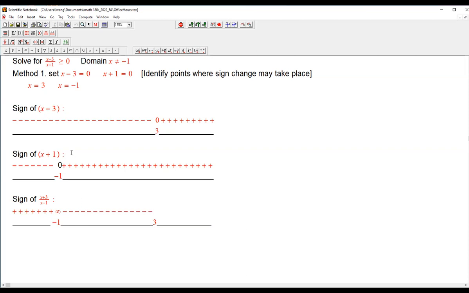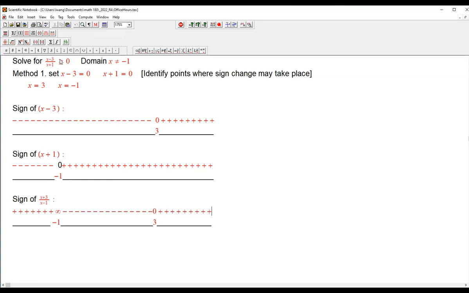When we pick 3 and plug in the quotient, we have numerator equals 0, denominator is not 0, so the quotient is 0. When we pick a number larger than 3, we get positive divided by positive, which is positive.